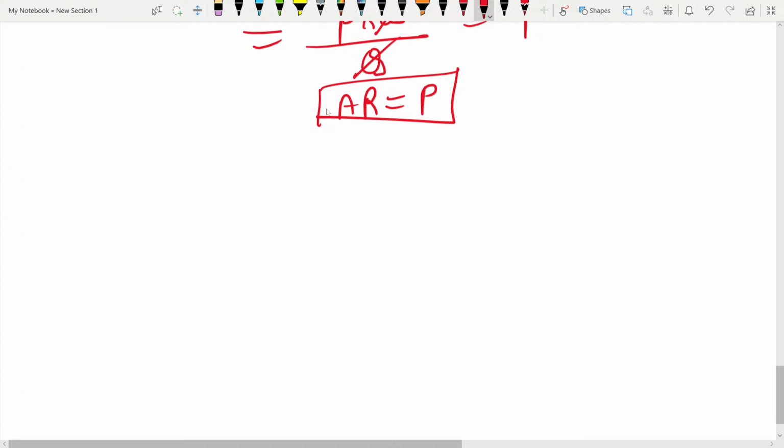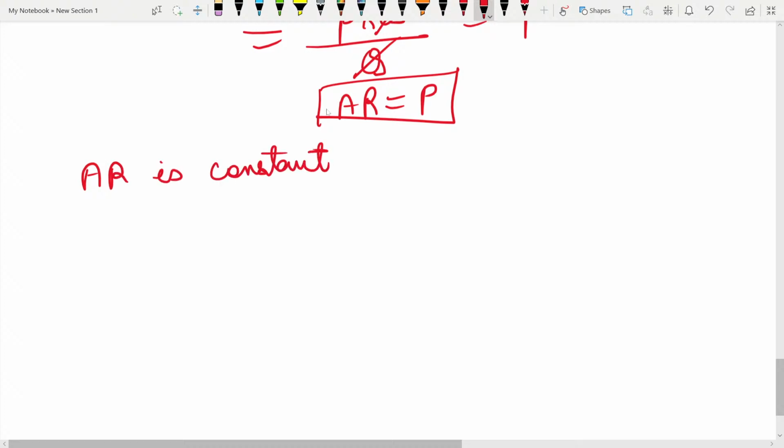Now, what is the relationship between AR and MR? How does AR respond when MR is constant, and how does MR respond when AR is constant? What exactly is the relationship between these?